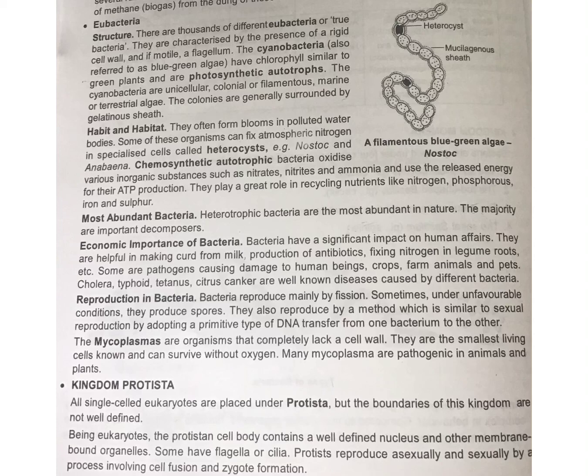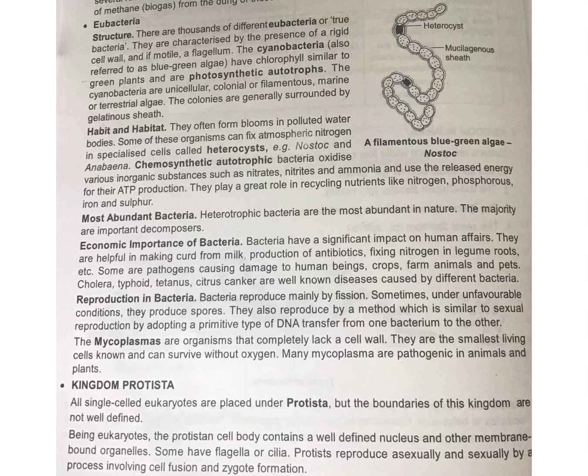Another group is the chemosynthetic autotrophs. These bacteria oxidize various inorganic substances such as nitrates, nitrites, ammonia, and use them to release energy for ATP production. They are not using sunlight, but they are using certain chemicals.